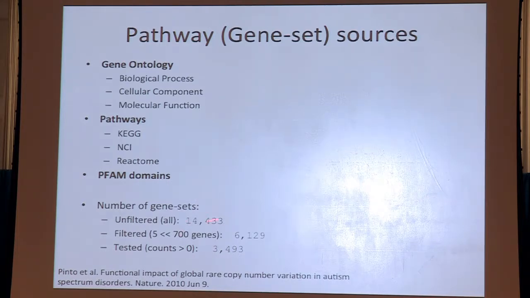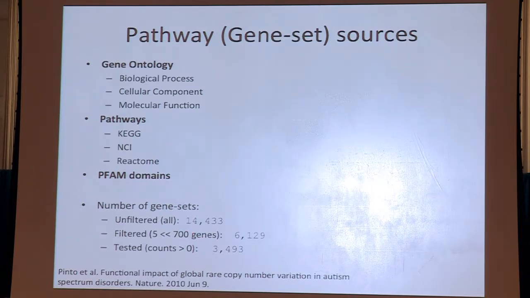We filtered our pathways. If we just took all of these pathways together, we'd have 14,000 pathways, which is a lot. So we only looked at pathways that contained between 500 and 700 genes. If you have pathways that only have 1, 2, or 3 genes, it's often difficult to get a good estimate of how likely those pathways are to be enriched by chance.